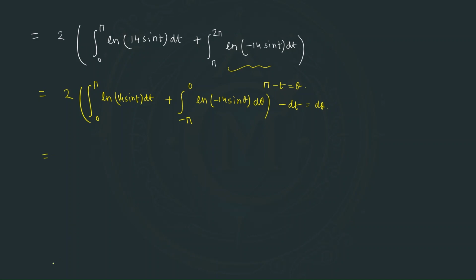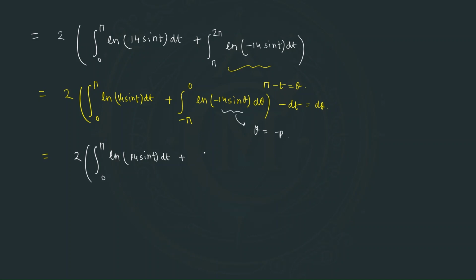So this integral will become 2 times integral 0 to pi log of 14 sine of t dt plus, now if we want to make the integrands equal, we have to simply use a substitution here, which is theta equal to minus p.